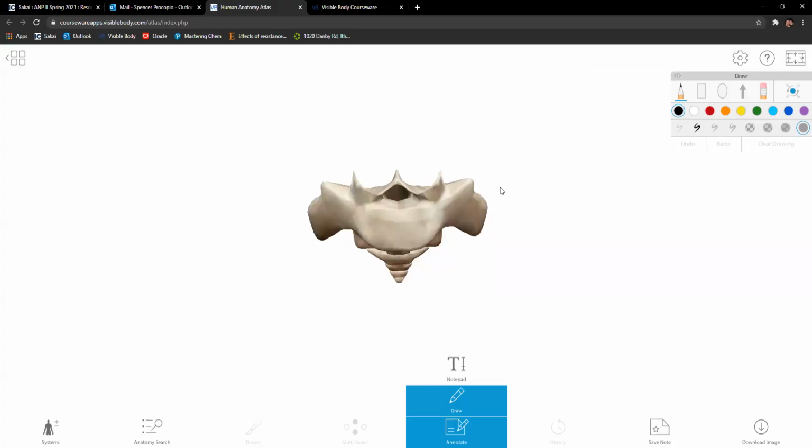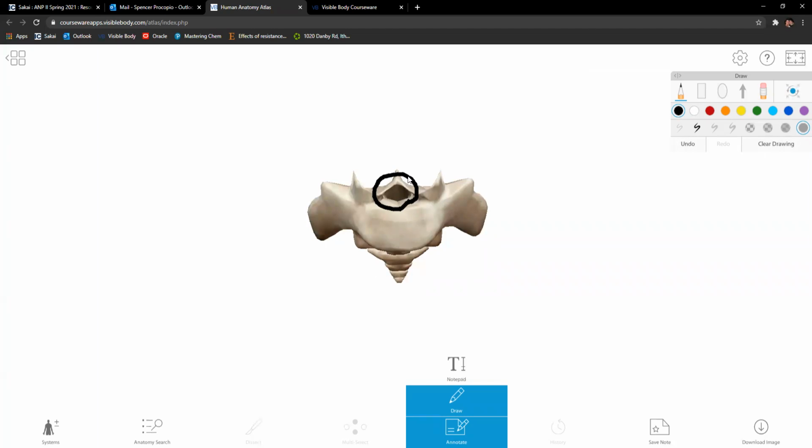Okay, so now we have a different angle here. We're looking at more of a top-down look of our sacrum and coccyx down here. So this would be the superior side, and down here would be inferior. So we're really only going to be looking at one landmark from this angle, and it's going to be this hole right here that goes all the way down and exits towards the coccyx there.